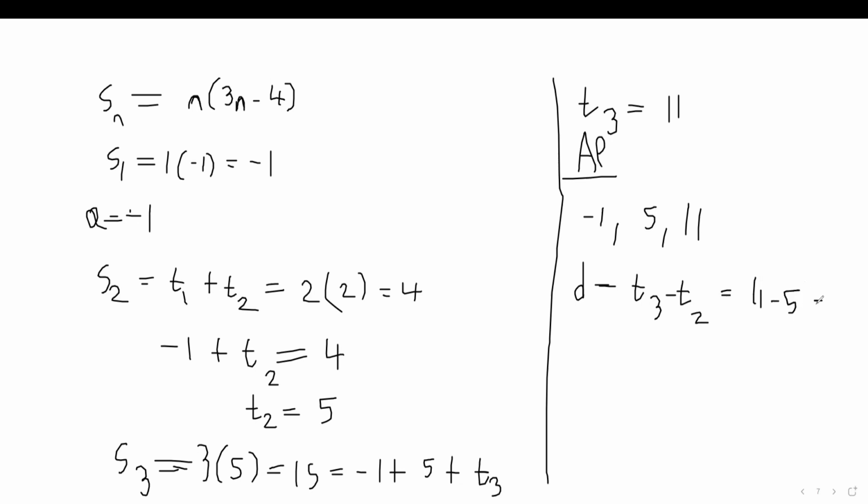But you can't just say T3 minus T2, hence common difference is 6. You have to show that it is constant, which is also the same as T2 minus T1, which is 5 minus minus 1. That's 6. So that's how we show that it is a common difference.